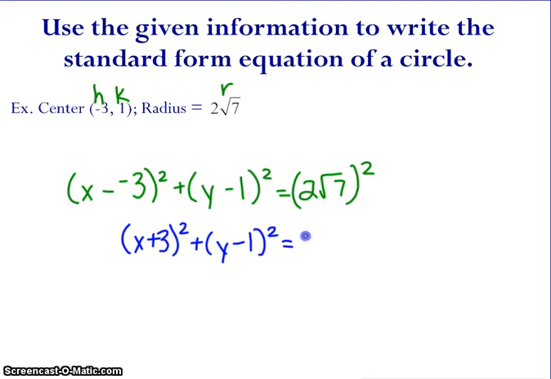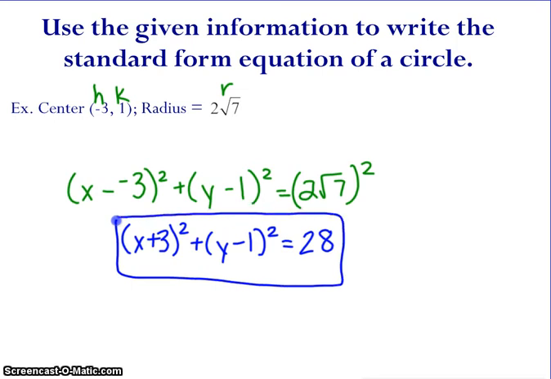What you should have gotten is 28. If you did not get 28, you forgot to put your parentheses around the 2 square roots of 7 before you squared it. So this right here is your final answer. If you got 14, you know you forgot the parentheses, okay? So x plus 3 squared plus y minus 1 squared equals 28.